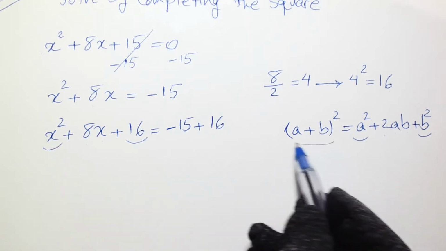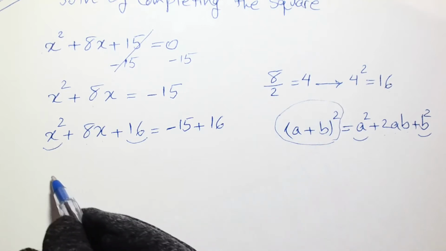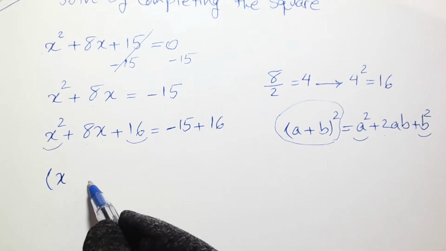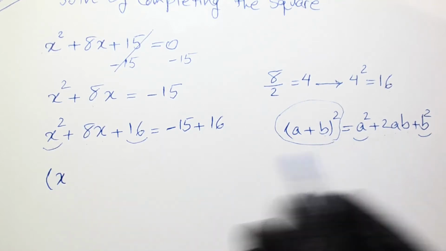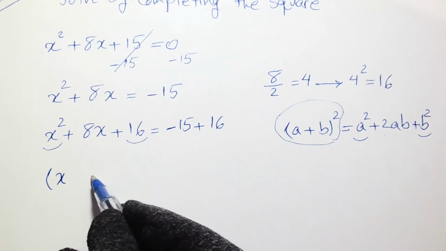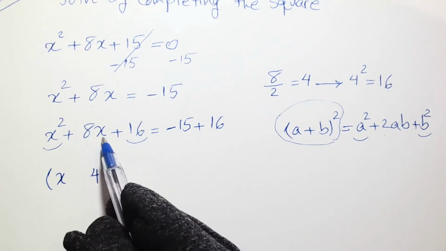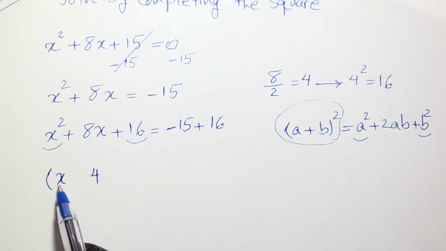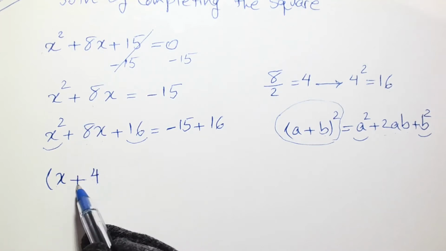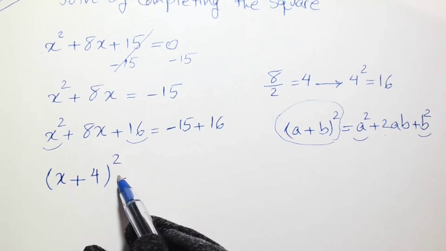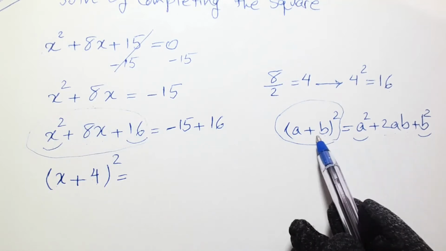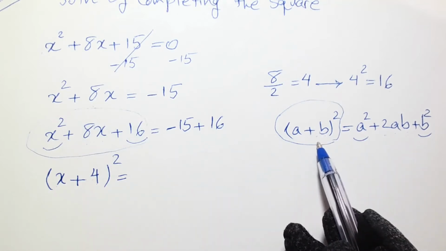So if I write the left side of this equation, this is x as a, and b squared is 16, so b is the square root of 16, which is 4. Now 8x is 2ab. Look here, 2 times x times 4 is 8x. Because 8x is positive, I have a plus here. So this is the left side and this is the right side of this equation.